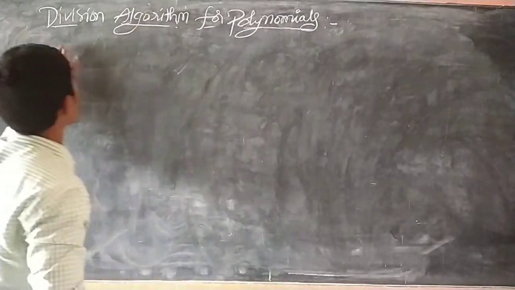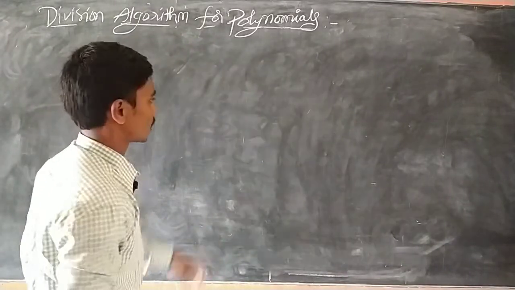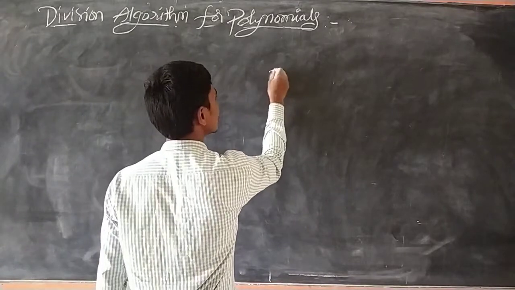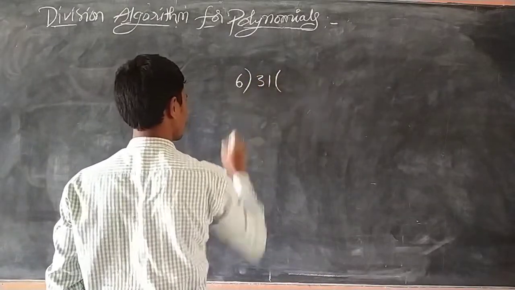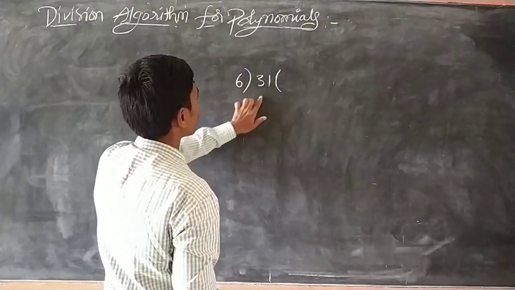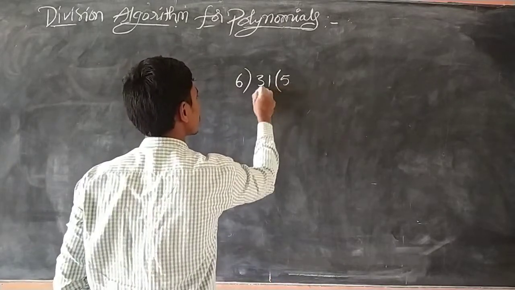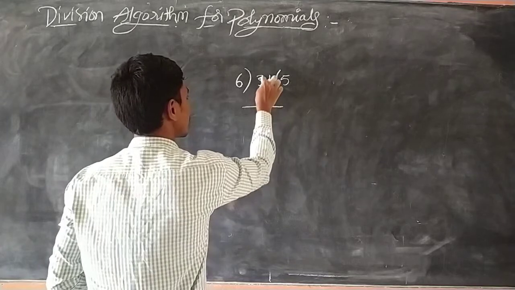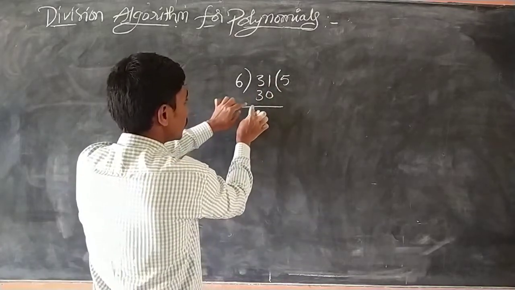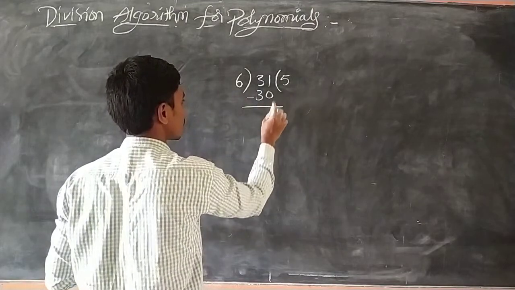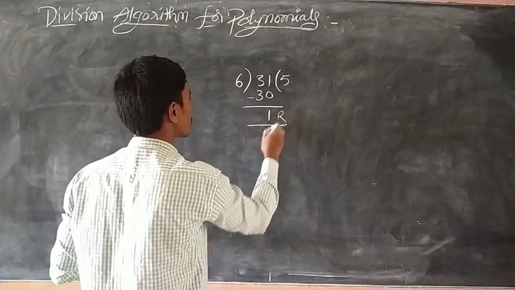Next concept is division algorithm for polynomials. Already we know a division, for example 31 divided by 6. In the 6th table, how many times do you get 31? In the 6th table you get 5 times 30. 31 minus 30, what will you do when you subtract? Signs will be changed. 31 minus 30 gives 1. Parts of a division.